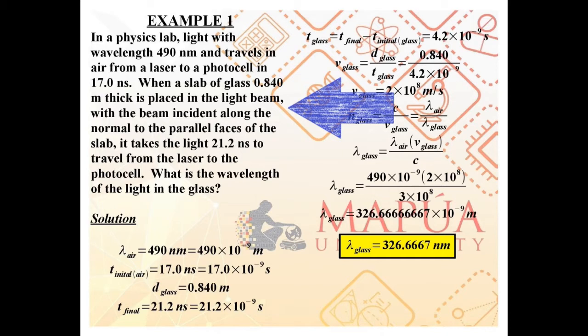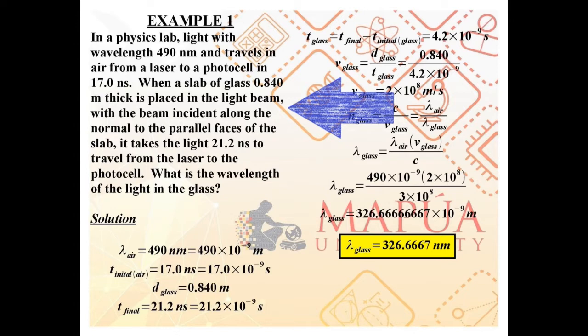A slab of glass 0.84 meters thick is placed in the pathway of the light beam in such a way that the beam is incident along the normal to the parallel faces of the slab. It now takes the beam of light 21.2 nanoseconds to travel from the laser to the photocell.